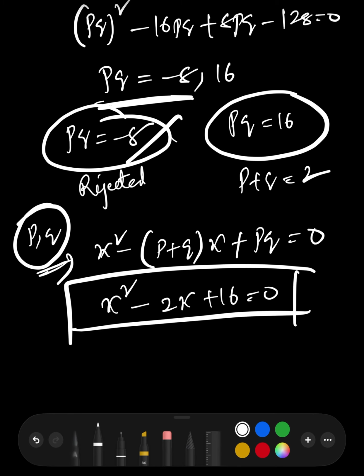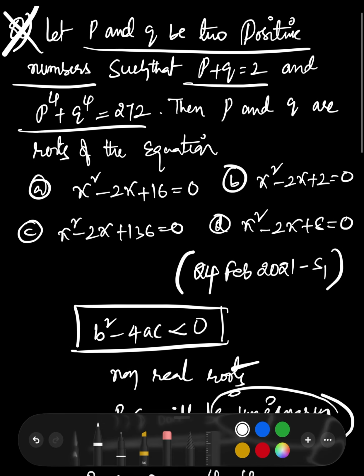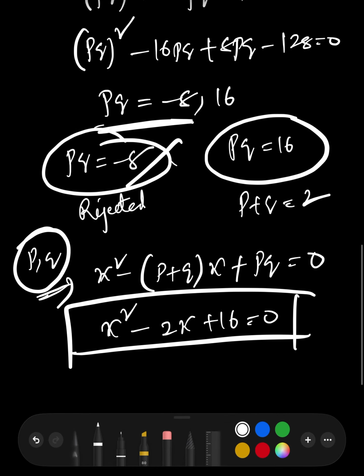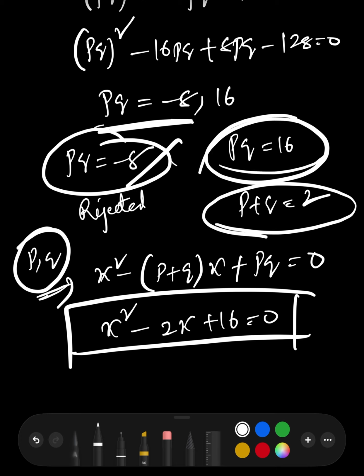That is the first option, and the first option is also impossible, because here P and Q are clearly real, being positive quantities. Anyway, if P plus Q equal to 2, then P into Q equal to 16 is also impossible, because we won't get P plus Q equal to 2 and PQ equal to 16 from real numbers. We will get it from imaginary numbers only.